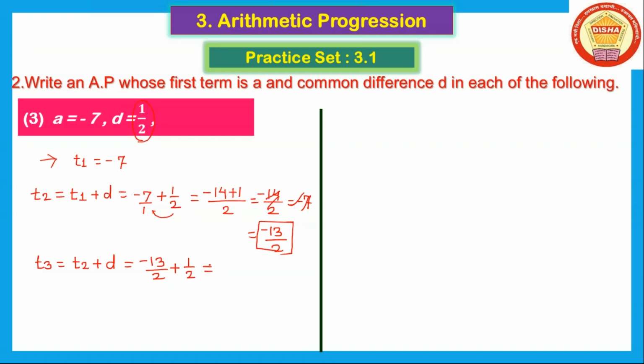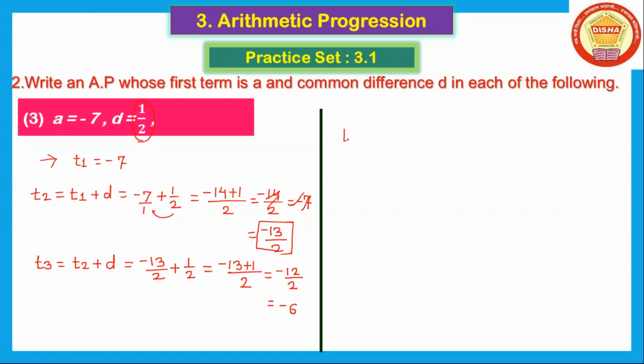Denominator is equal, means negative 13 plus 1 upon 2. Both have different sign, means 13 minus 1 is minus 12 upon 2, which is equal to negative 6. Okay. Means third term for the given AP is negative 6.